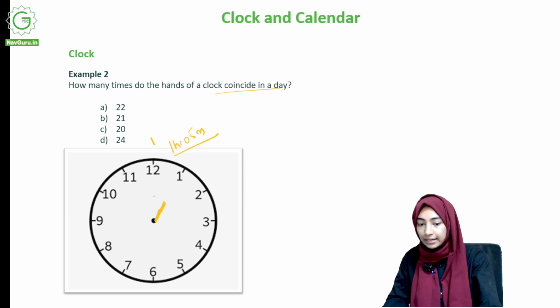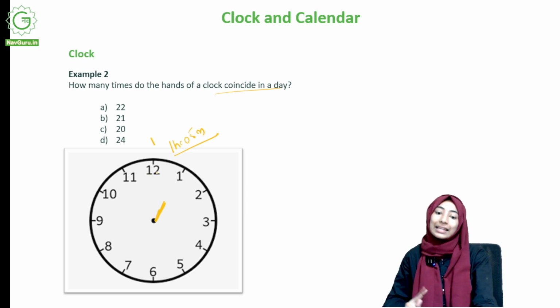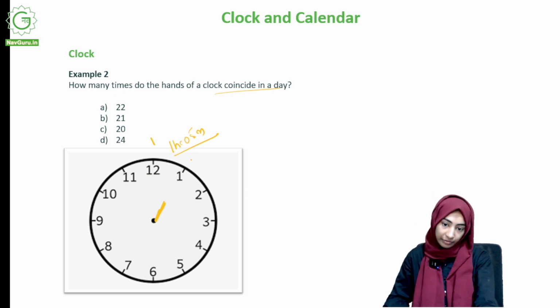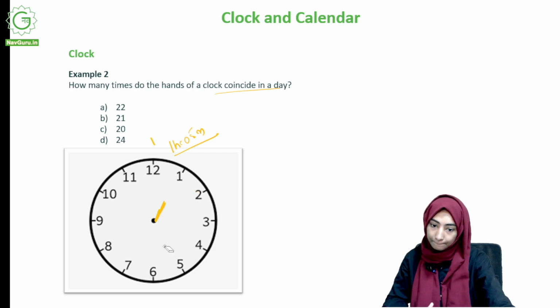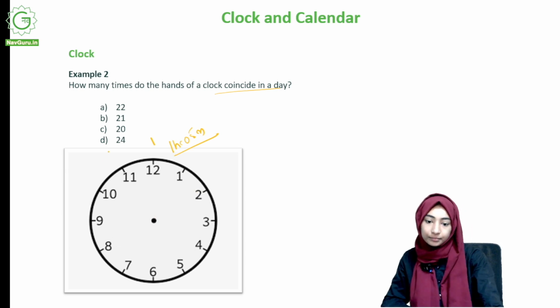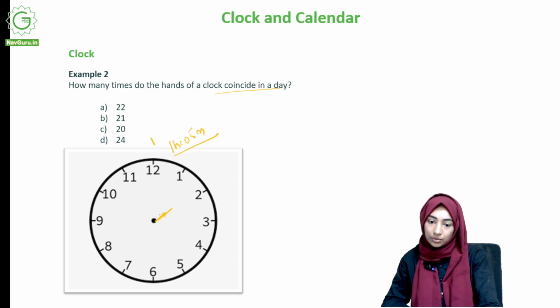So it coincided at 12:12 first, and then it will coincide at 1:05. And similarly next it will coincide at 2:10. So this is the hour hand, this is the minute hand at 2:10.